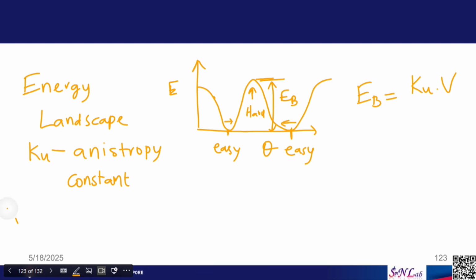Typically this is expressed in SI units, joule per cubic meter, in CGS unit, erg per cubic centimeter. You notice that this is energy density, energy per unit volume. You multiply by volume, you get energy.